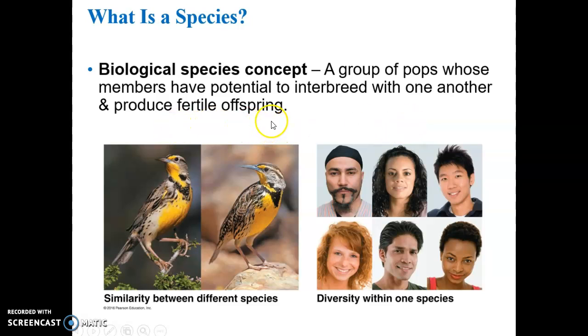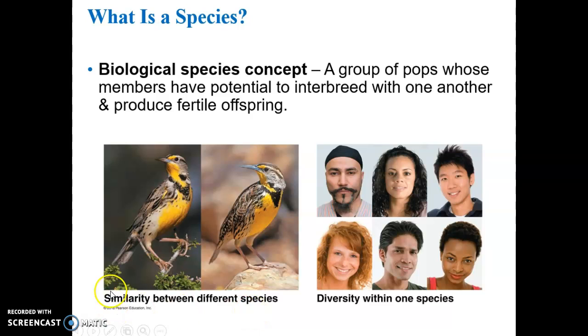So it's a group of organisms where they can potentially interbreed, which doesn't mean they have to. They have the ability to mate and have fertile offspring, meaning the babies can grow up and be fertile themselves and able to reproduce.